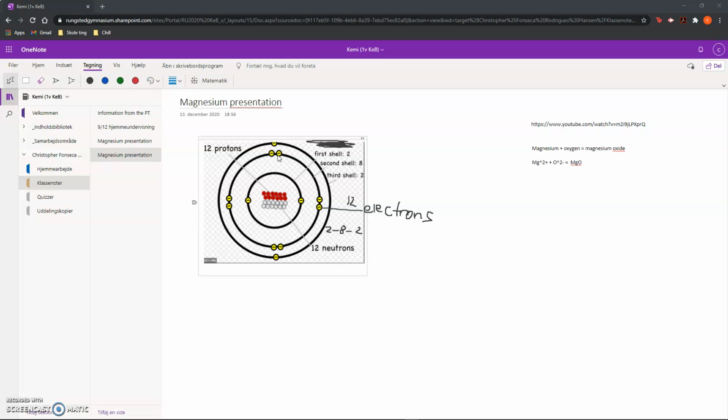When you look at it, we can see that it has the name Mg.